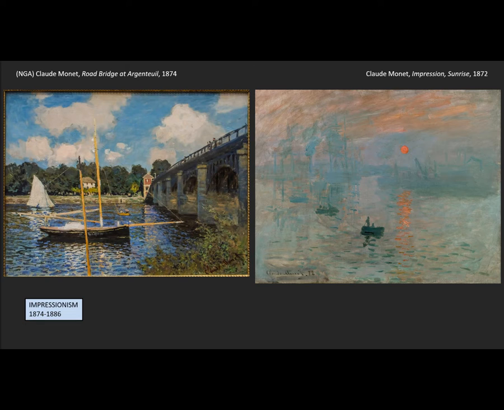When the first show went up, critics showed up to write about it, and they wrote that it stunk. They did not like it at all. They said, these pictures all look unfinished. These pictures look like nothing more than impressions. Now, if we think about what the word impression means, insofar as looking and understanding, it's something that's quick, right?